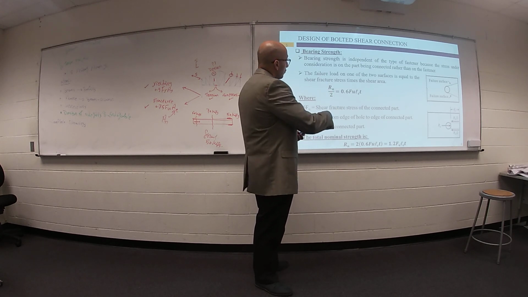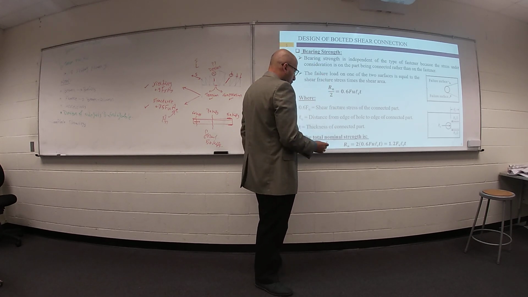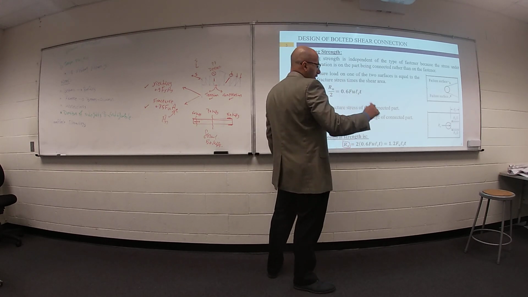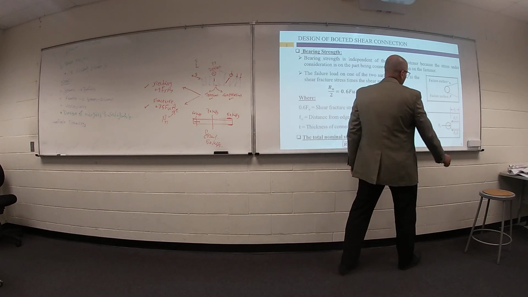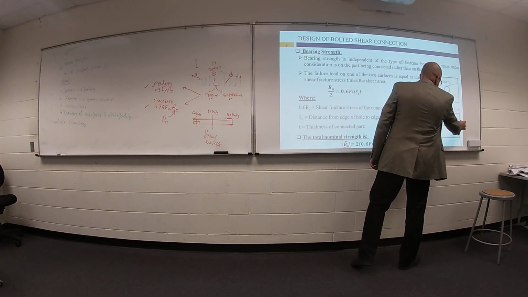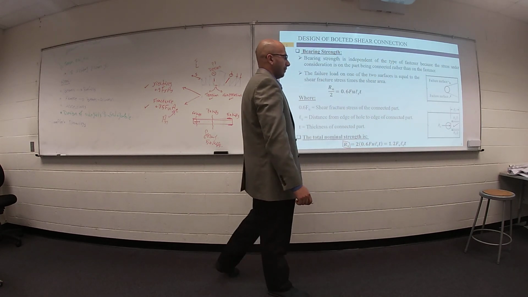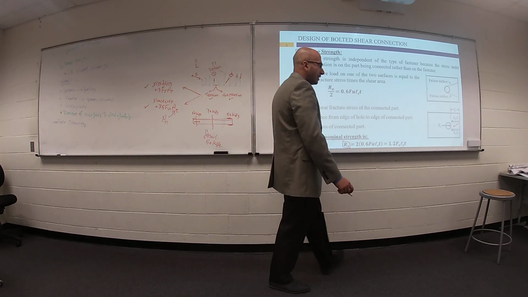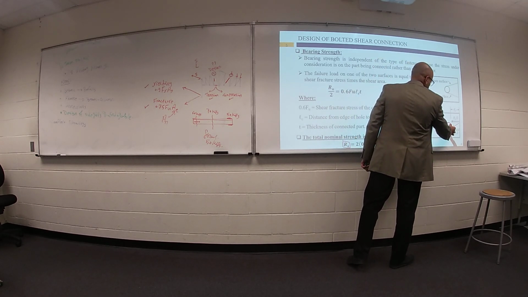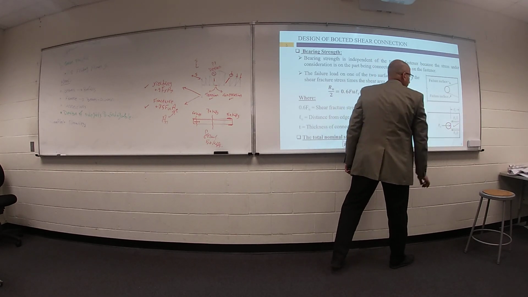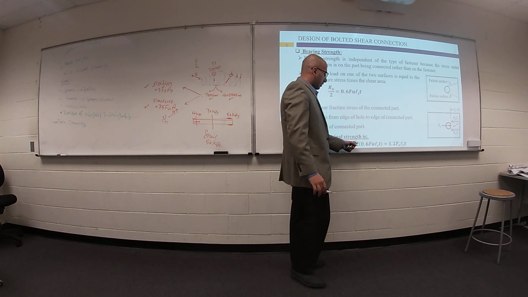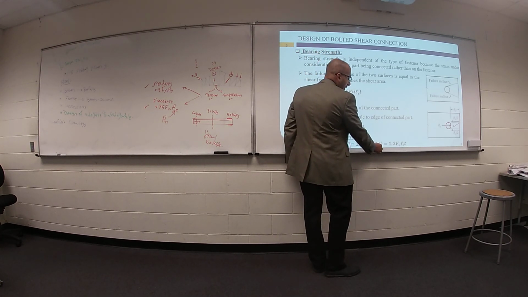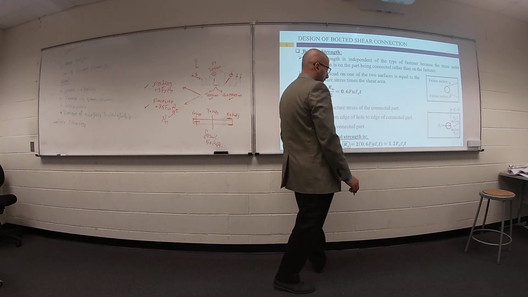Finally, without any introduction, your nominal resistance of your connection to avoid this tearing behind the bolt, behind the edge bolt, the edge of your member, equals 2 times 0.6 F ultimate Lc times t.